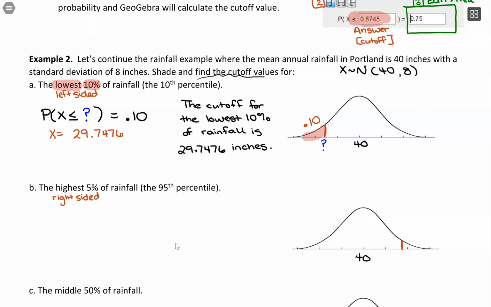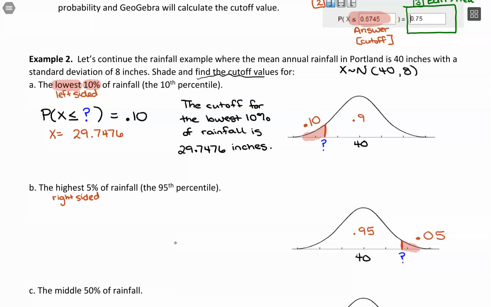And again, I don't know what the cutoff is in terms of rainfall, but I know this area under the curve is 5%, or 0.05. And if you feel comfortable working in terms of area to the left, or even just to show you how these complements are working, like in part A where I have 0.1 to the left, I also have 0.9 to the right. Here, if I have 5% to the right, I have 95% to the left.